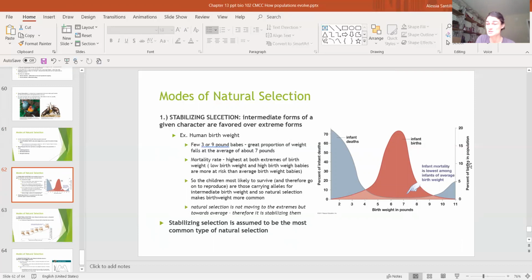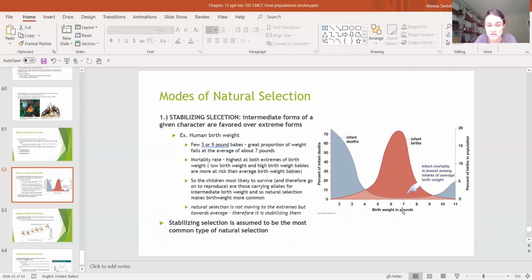If the babies are extremely large, that also complicates things very much, and leads to a lot more death. So usually you have more newborns in the middle range, because being really small is problematic and being really big is problematic.